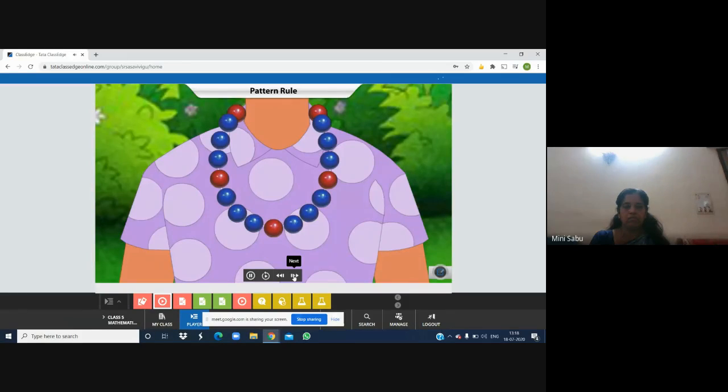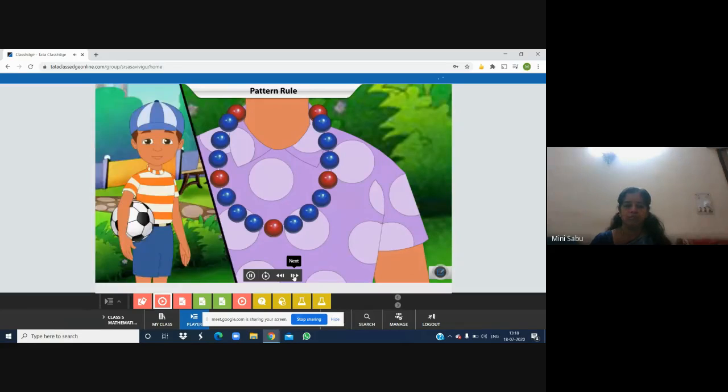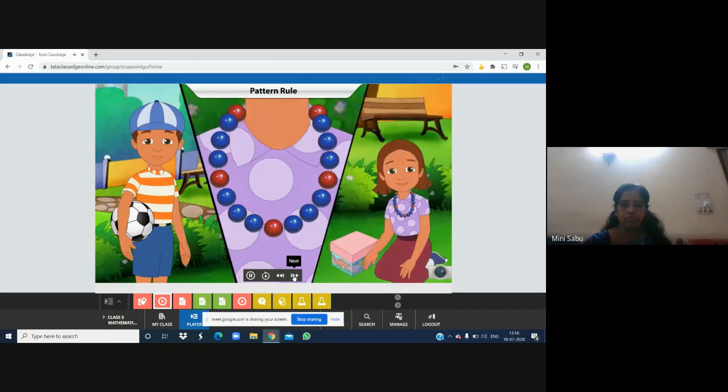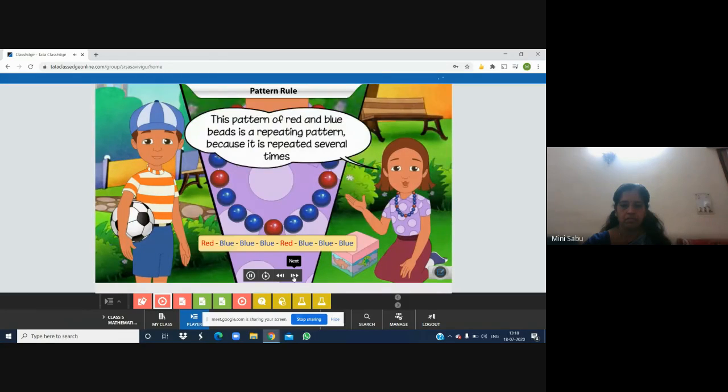Either way, it's the pattern rule of the necklace. Understanding the pattern rule helps us predict how the pattern will repeat. This pattern of red and blue beads is a repeating pattern because it is repeated several times.